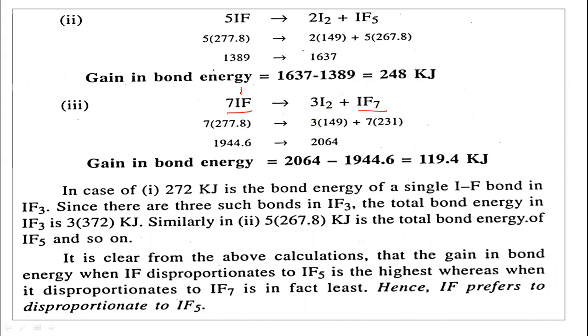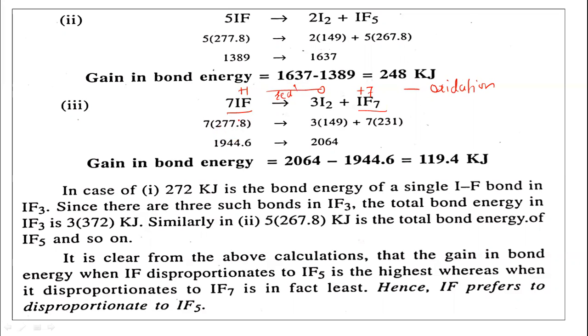So +1 to +7 here, the oxidation state. It is called oxidation. And here +1 to 0, it is reduction. Here the oxidation state is 0, +1 to 0, reduction. This is the reduction process and this is the oxidation process.